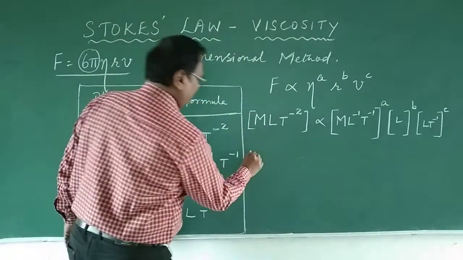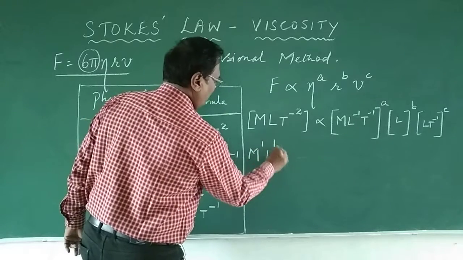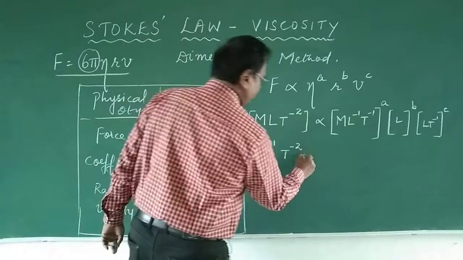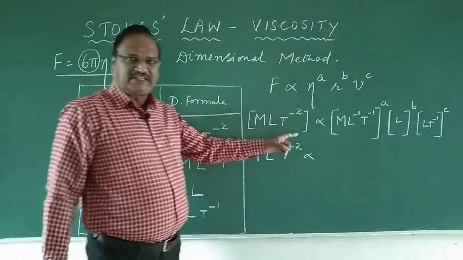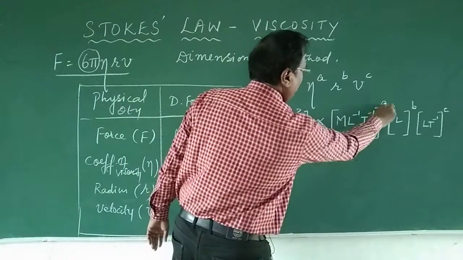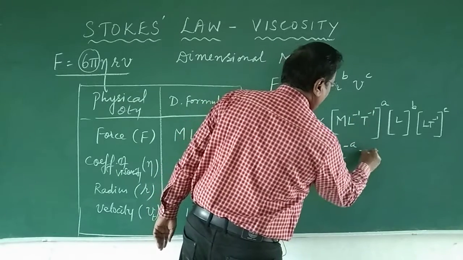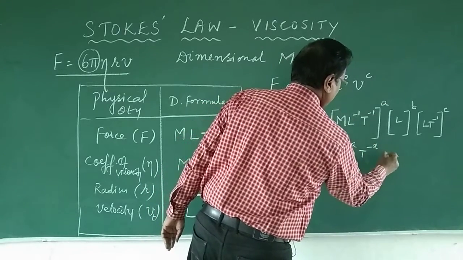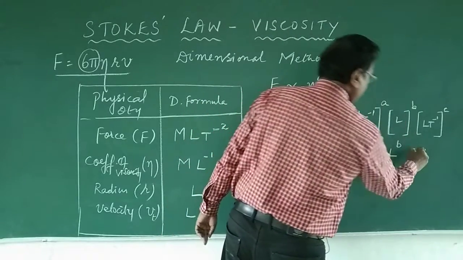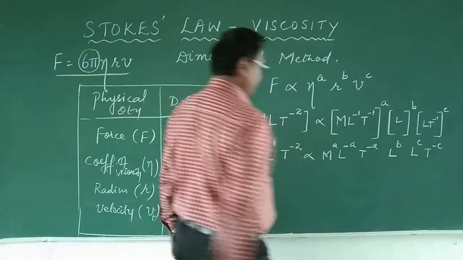Let us expand it. M power 1, L power 1, T power minus 2 is proportional to, still I am not bringing a constant, M power a, L power minus a, T power minus a, L power b, L power c, T power minus c.